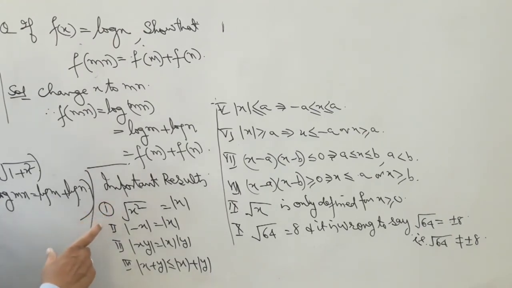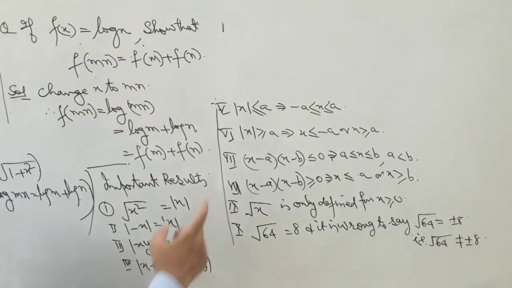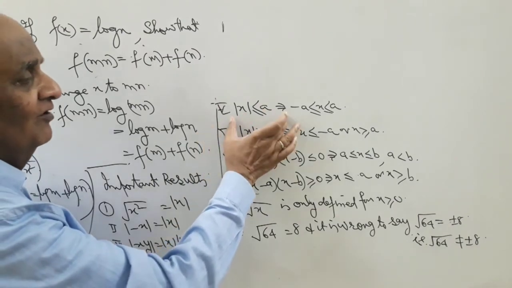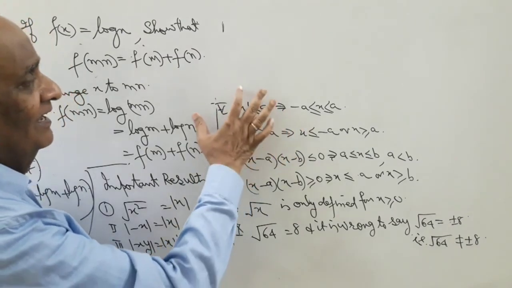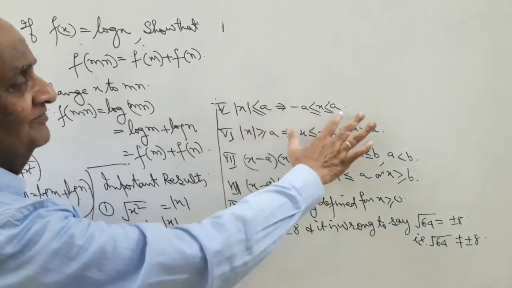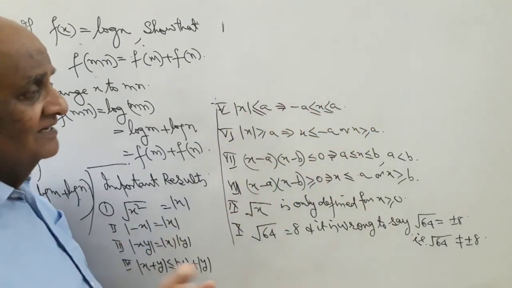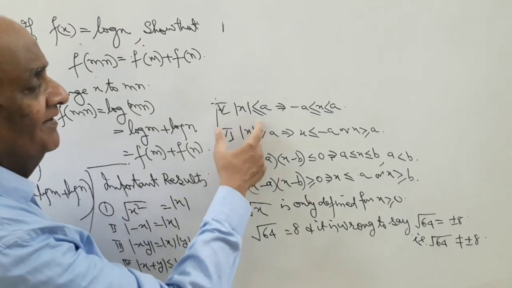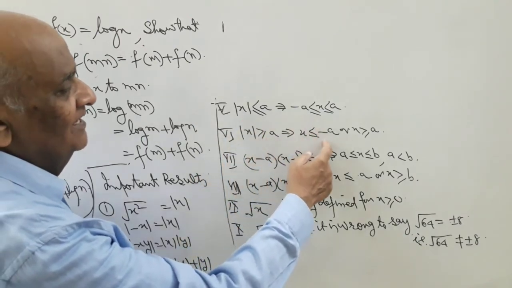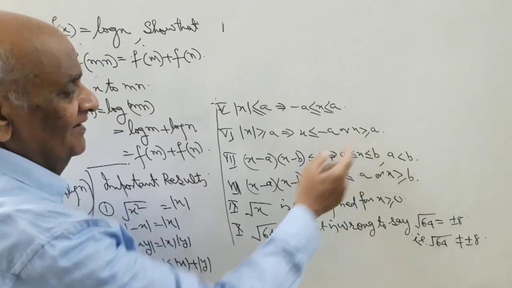Before that, please note down, number 1, under root of x square is modulus x, modulus of minus x is modulus x, modulus of xy is modulus x times modulus y, and modulus of x plus y is less than or equal to modulus x plus modulus y. Similarly, these are very helpful for coming problems. Modulus x less than or equal to a implies minus a less than or equal to x less than or equal to a. Modulus x greater than or equal to a implies x is less than or equal to minus a, or x is greater than or equal to a.